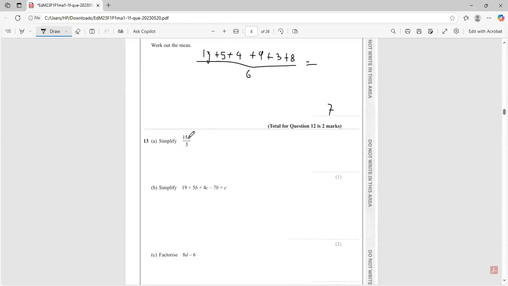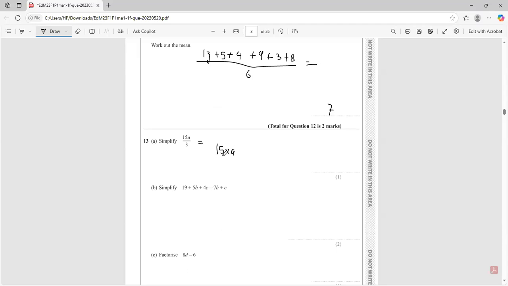Simplify 15a divided by 3. It's division, right? 15a is the same thing as 15 times a. You agree with that? Yes.